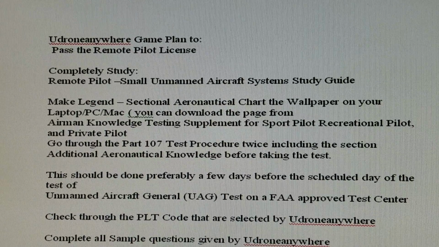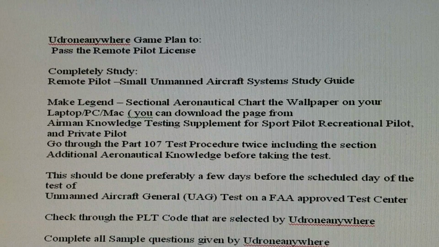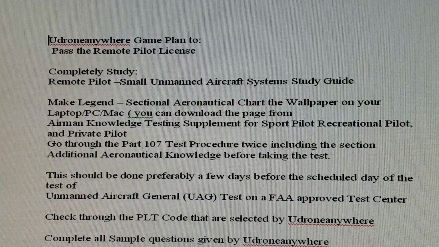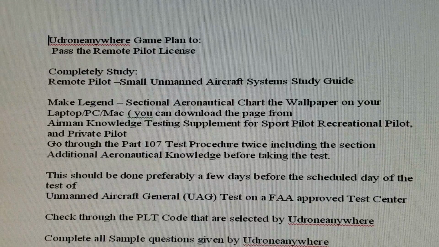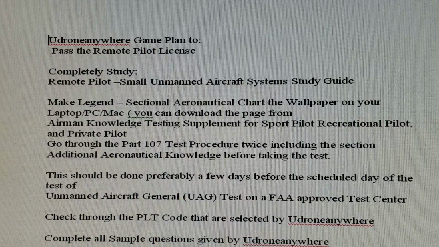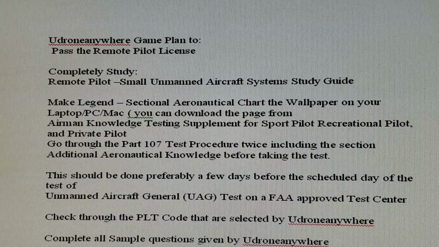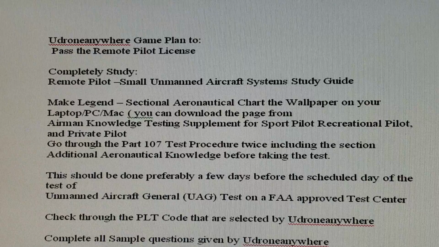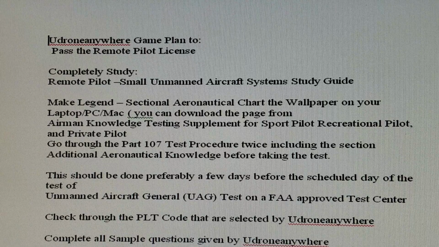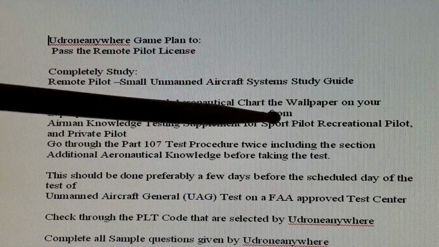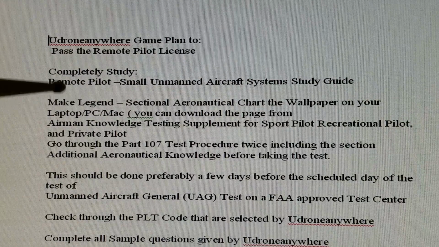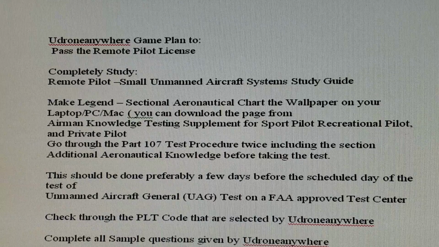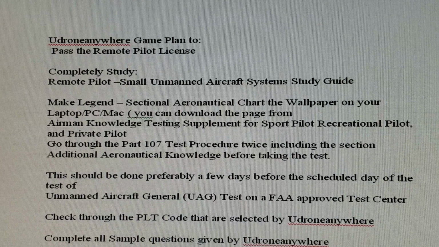So let's do a brief run through of the game plan that U-Drone Anywhere put together for you. Yes, sir. Now, completely study the Remote Pilot Small Unmanned Aircraft System Study Guide, as we talked about, and make the Legend of the Sectional Aeronautical Chart the wallpaper on your laptop or PC, so that the symbols become second nature and you know what they are.